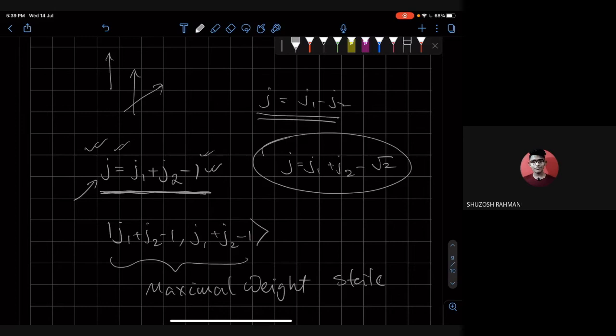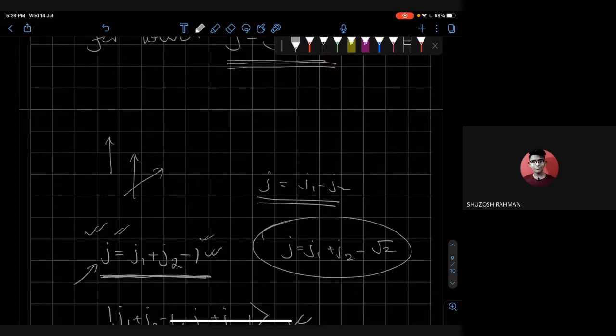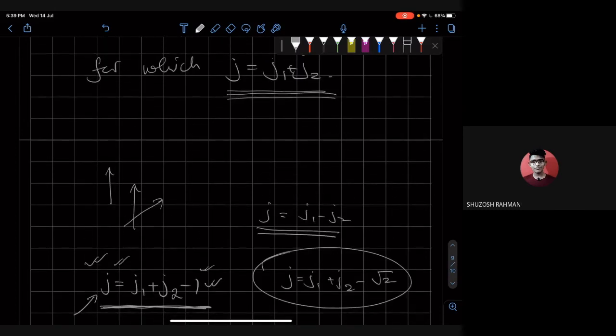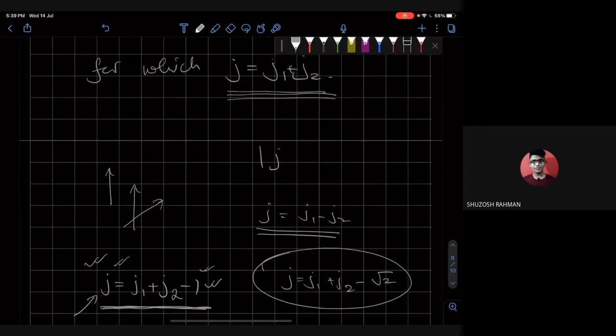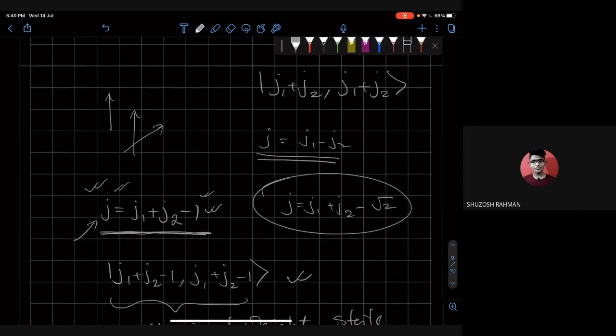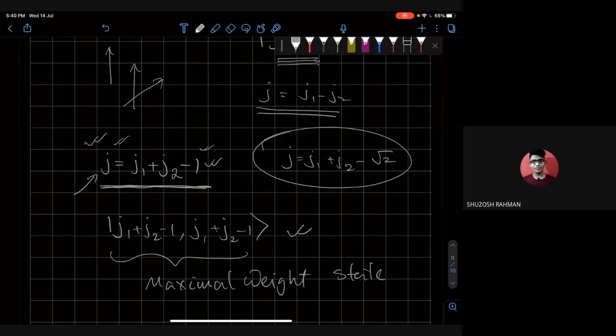You can see that this is a different state than the previous maximal weight state. In the previous maximal weight state, we took J1, J2, and J1 plus J2. Here, this value has been reduced by 1, and therefore the highest value that M can take will also be reduced by 1. Do you understand what I'm doing? Yes, sir. Okay.